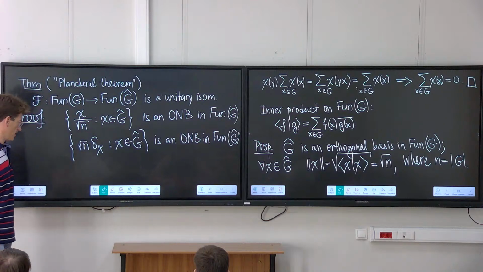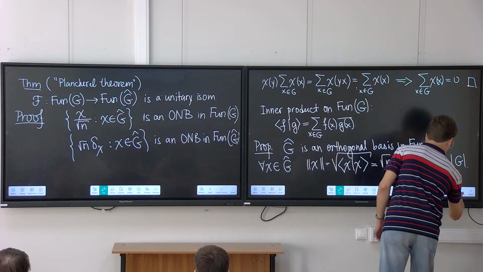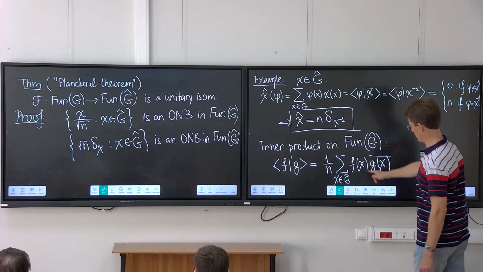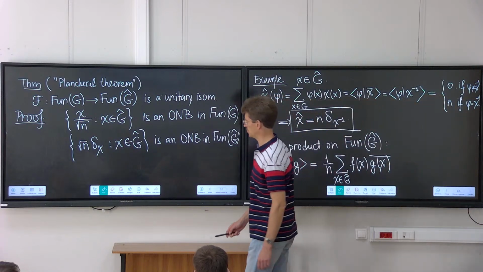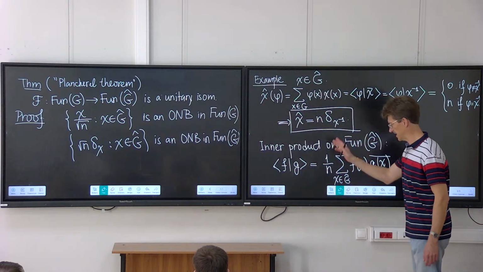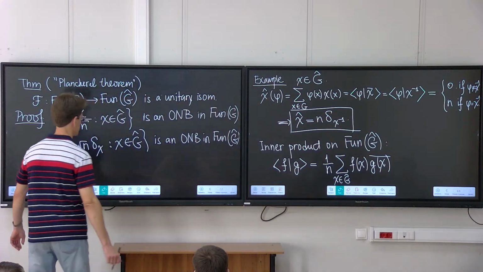Well, indeed, this is immediate from this formula for the inner product. So only one summand here survives, and it is equal to the square root of n times the square root of n, which is equal to n, and we divide by n and get 1. So this is an orthonormal basis.